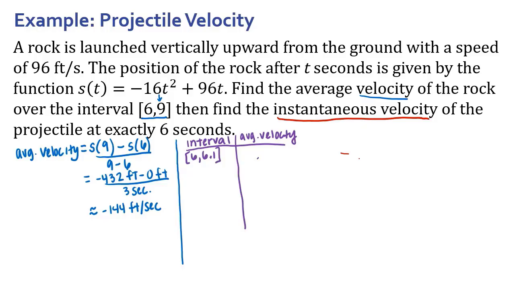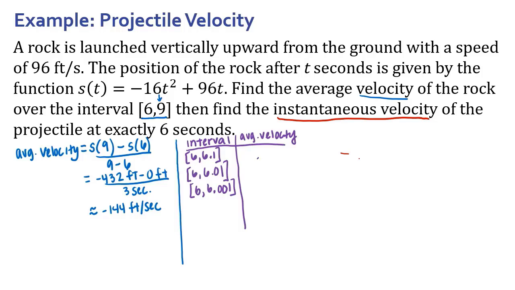So that difference between those x values is 0.1. So kind of imagine when we were doing those applets earlier, I'm taking that second point and I'm going to move it closer and closer to 6. So we'll look at 1/100th away, 1/1000th away, and we'll see what's happening with that average velocity and see if we can find a pattern.